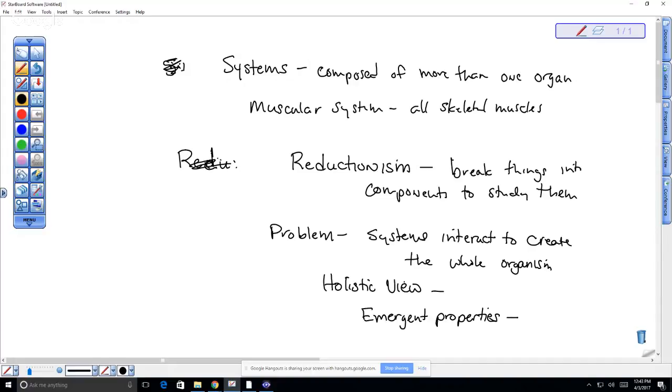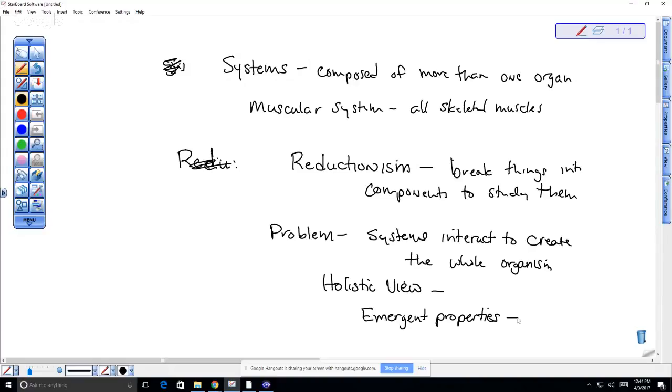Emergent properties are things that arise from the interaction between the components that cannot be explained by the individual components. The biggest example they often give is consciousness. Understanding individual neurons is not going to tell us how we have consciousness, so we have to put the whole thing together to understand how that works.